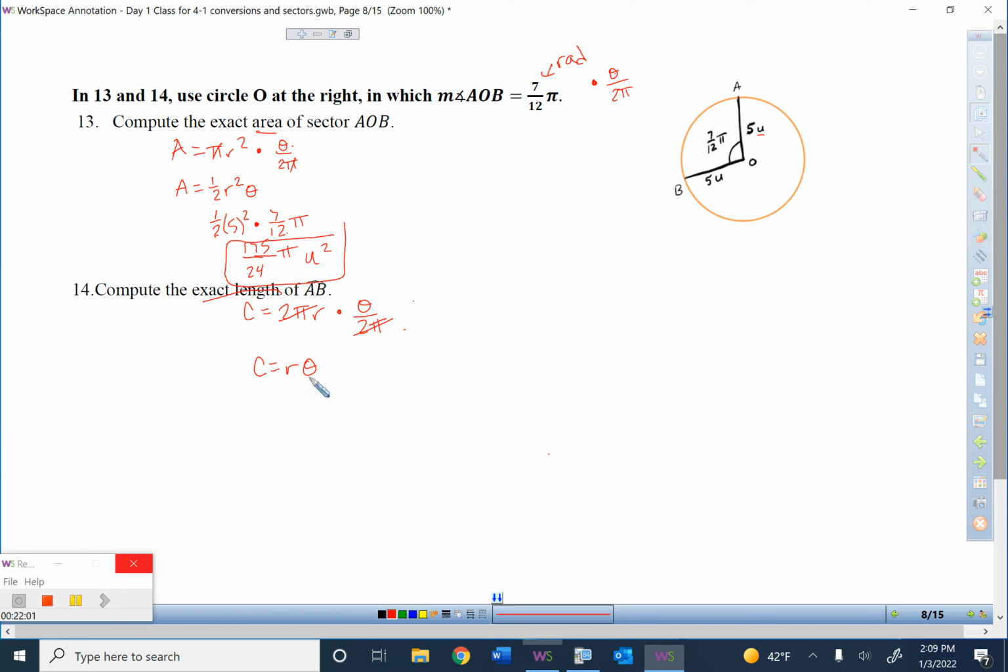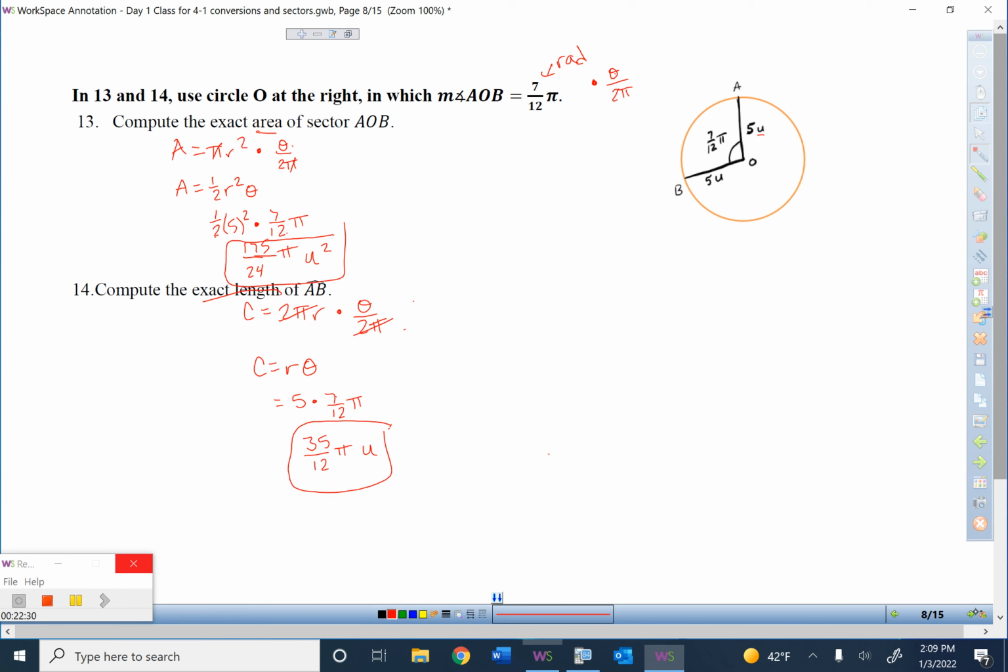We were given both of those things, so we can say 5 times our 7/12 pi, and then multiply straight across. 5 times 7 goes on top, and the 12 goes on the bottom. Nothing reduces, so that's our answer with the little units to the side. This is just the length or piece of the circumference around, so we don't need a squared on this part.